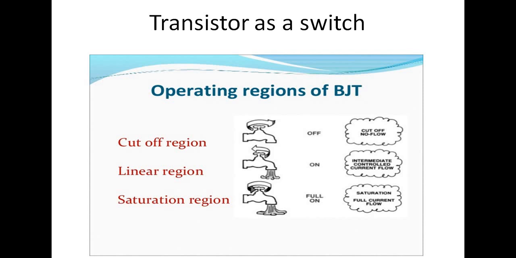If you would like to operate the same transistor in saturation mode, VB is supposed to be 0.7, as the current is maximum and the entire voltage will be dropped across the collector resistor, so output voltage will become 0.